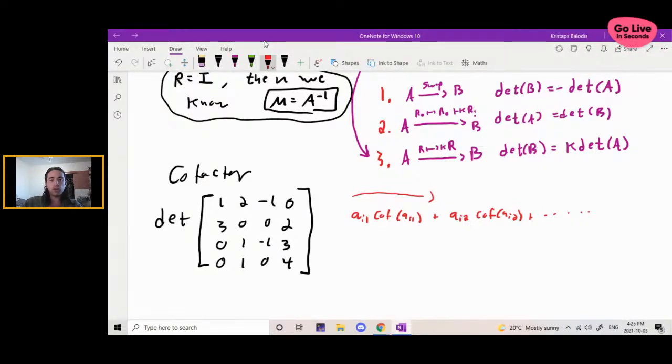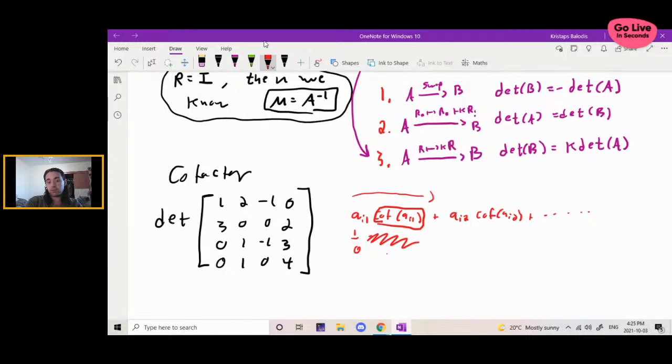The point is we want to pick a row that has a lot of zeros, because if any of these entries are zeros, then it doesn't matter what the cofactor is, because it just gets multiplied by 0, and we don't have to bother doing the calculation, which is great. That's saving us a lot of time. Determinants take a lot of time to compute.